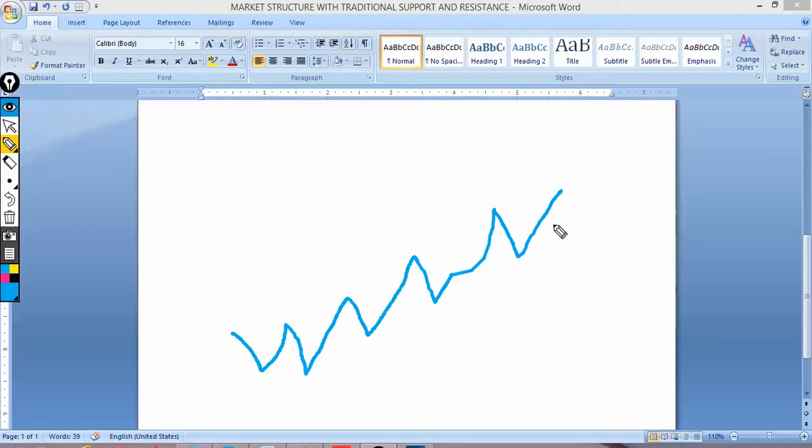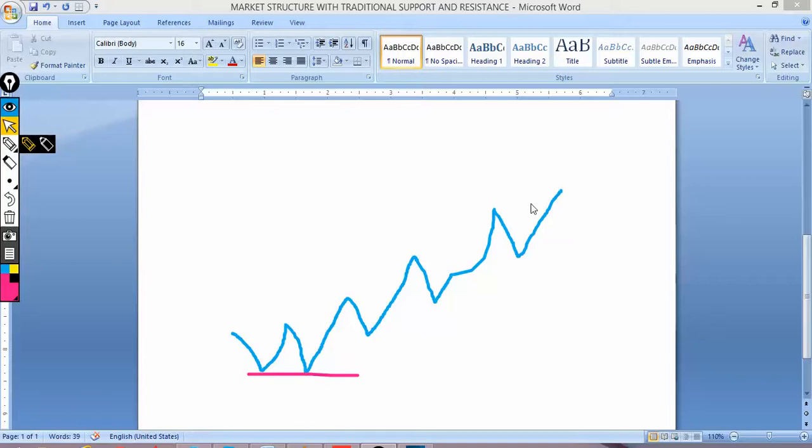This is what we call an uptrend, because first you see that price was down here, then it traveled above this level, then came down a bit, traveled, then kept going up. You know, this market moves in waves, and so even if we are going up, we'll still come down a bit.